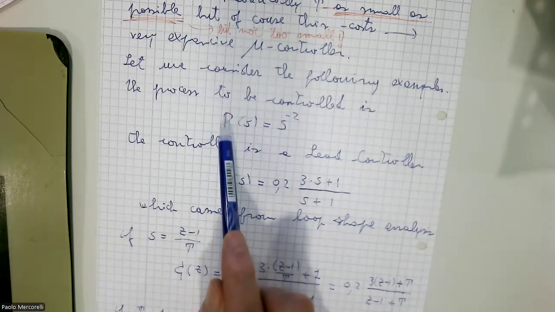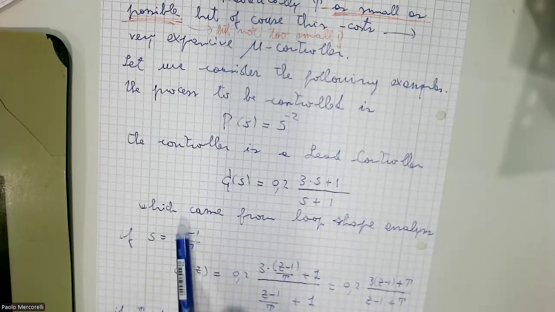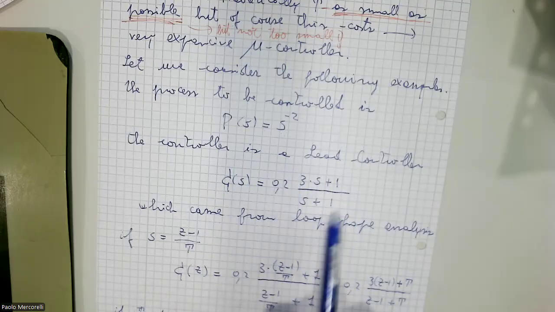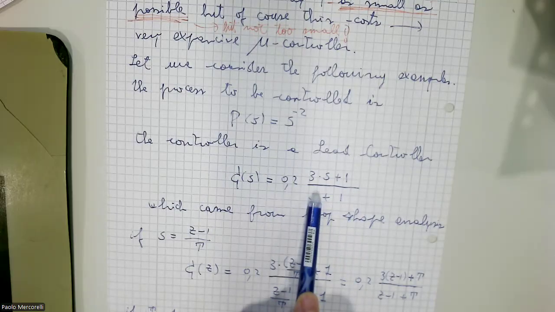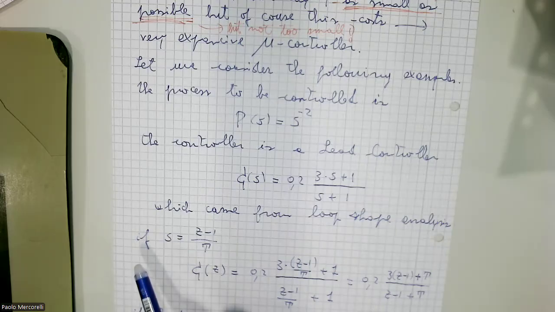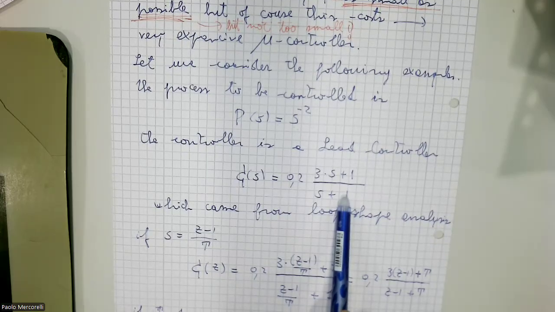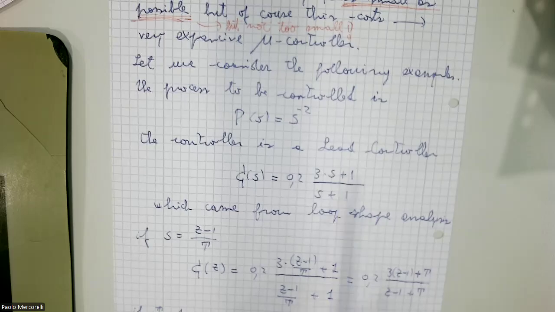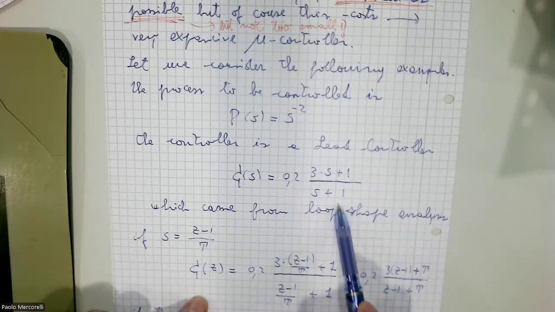Basically, I have this process 1 divided by S squared, and I controlled the system with this controller, which is a PI controller.